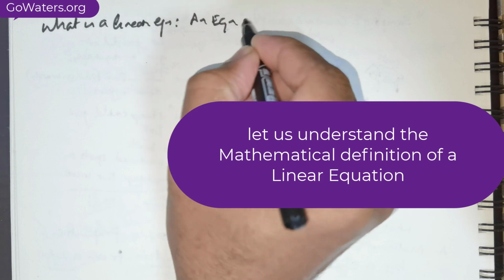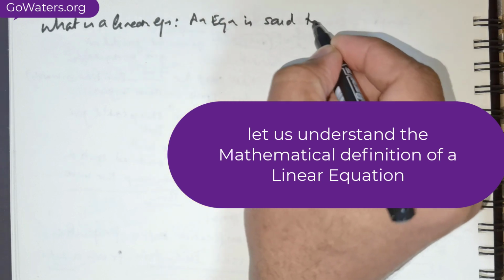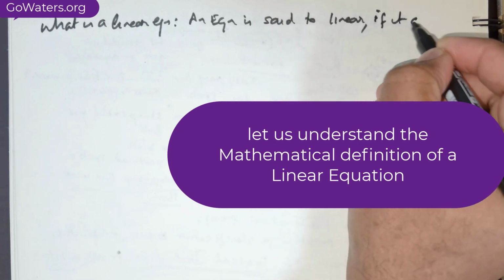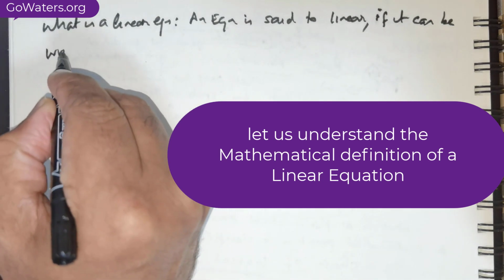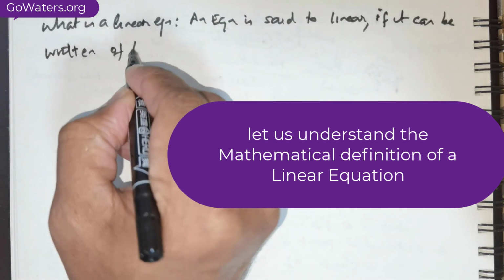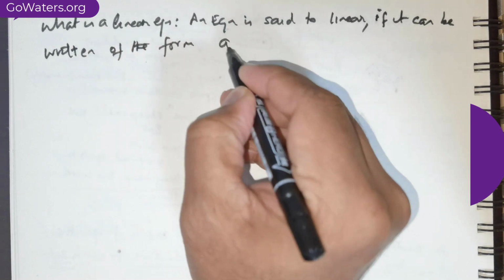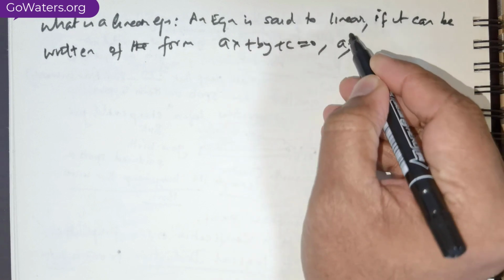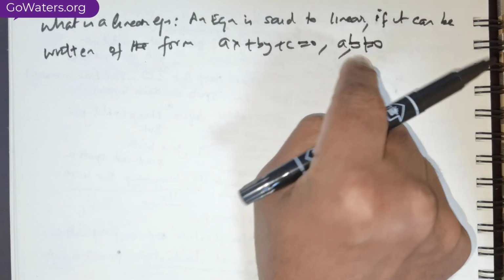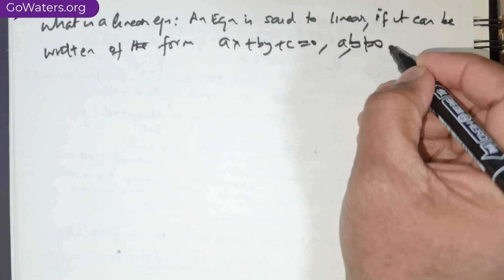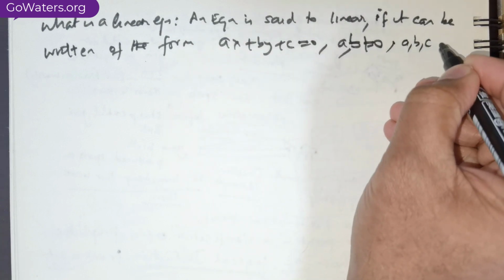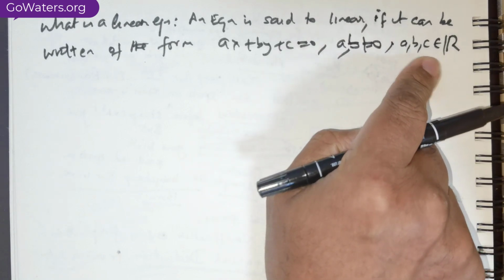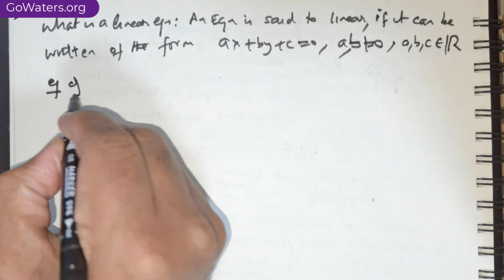An equation is said to be linear if it can be written of the form ax + by + c = 0, where a, b is not equal to 0. A and b can never be equal to 0, and a, b, c are elements of real numbers. This symbol stands for real numbers. Example of linear equations.